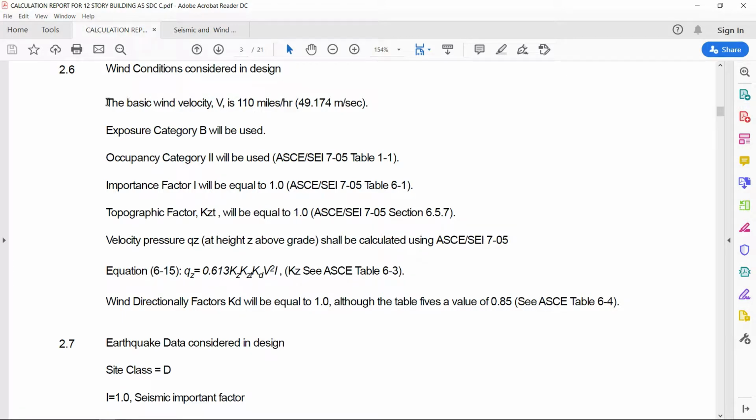That means the wind velocity is 110 miles per hour or 49.174 meters per second. Exposure category is B. Occupancy category 2. Importance factor is 1. Kzt is 1, and I calculated these values.